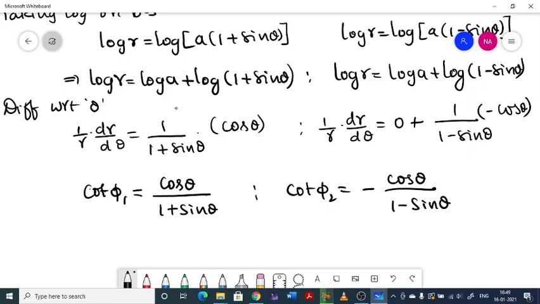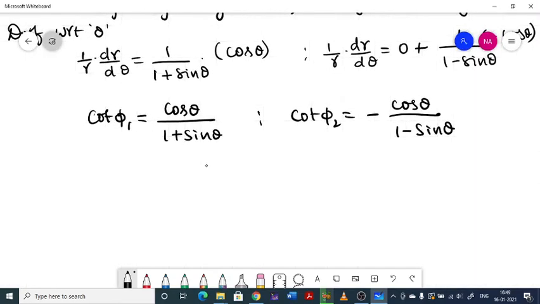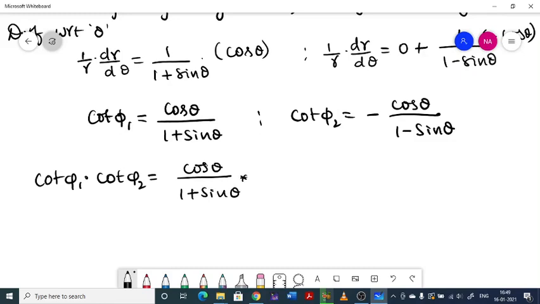Now you can observe here 1 plus sin theta into 1 minus sin theta will be 1 minus sin square theta, that is cos square theta. So here also cos theta into cos theta you get. So the product of cot phi 1 and cot phi 2 will be cos theta divided by 1 plus sin theta into minus cos theta divided by 1 minus sin theta. So it will be cos square theta in the numerator with the negative sign, and 1 minus sin square theta in the denominator.